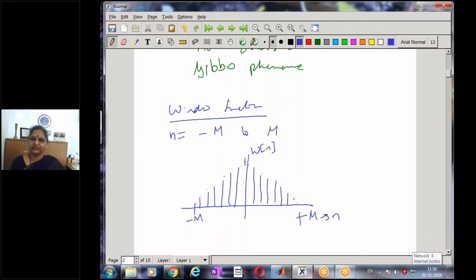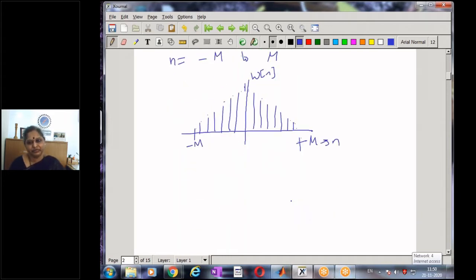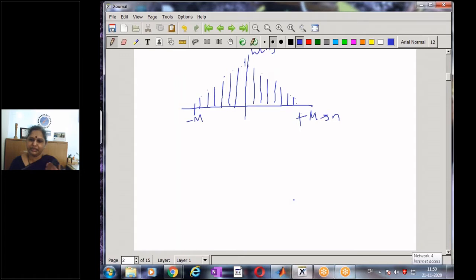This is a typical property of any window function. Let us see some standard window functions. Instead of multiplying by the rectangular window function, we shall now multiply by some other window function. That is going to avoid the problem of overshoot, and we will get a better response.